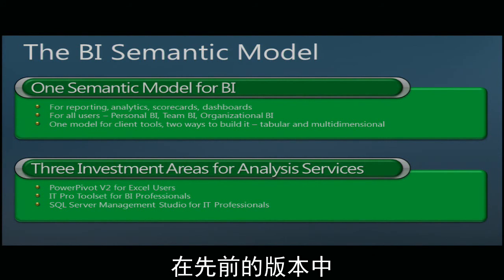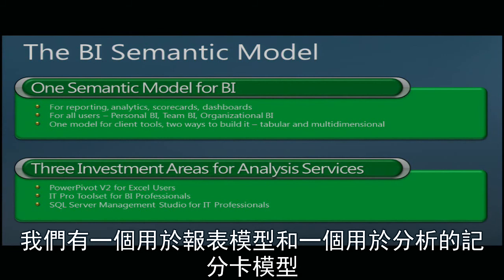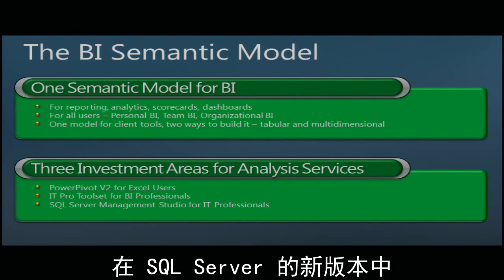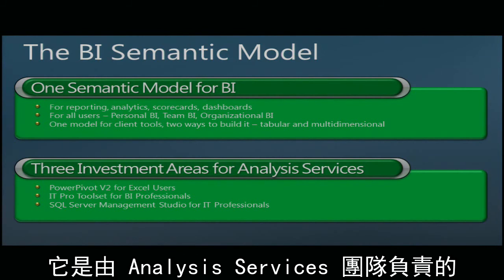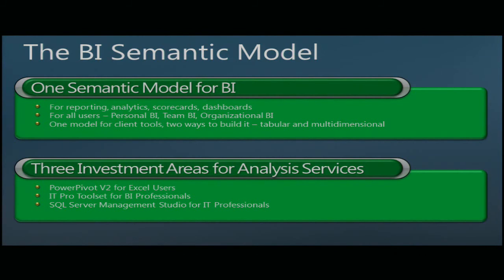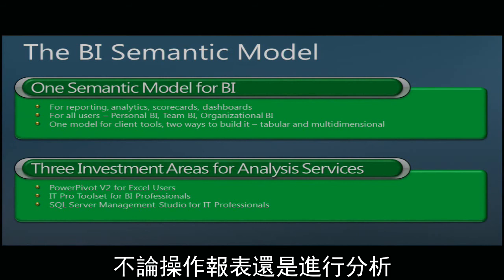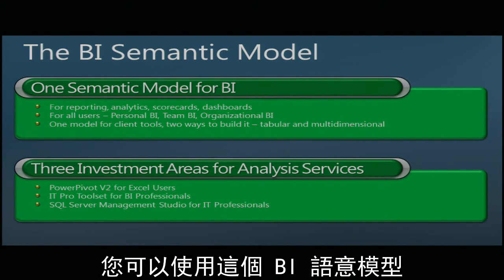In previous releases, you may know that we had a model for reporting, another one for analysis, and for scorecards. With this release of SQL Server, we are consolidating on a single semantic model, which is owned by the Analysis Services team. So whether you do reporting or analysis, you will be using the BI semantic model.